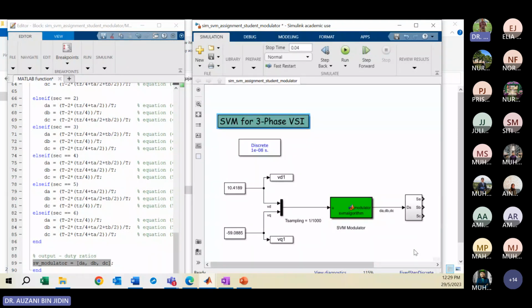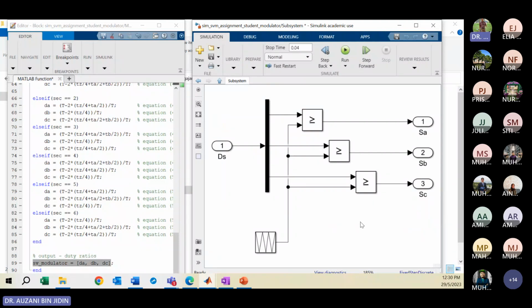We wrote the code completely. The MATLAB function block inputs are the references, VD and VQ, and the outputs will be the duty ratios DA, DB, DC. This line actually carries 3 signals, the duty cycles for DA, DB, DC. You open the block by double clicking this subsystem. You can see the answer given.